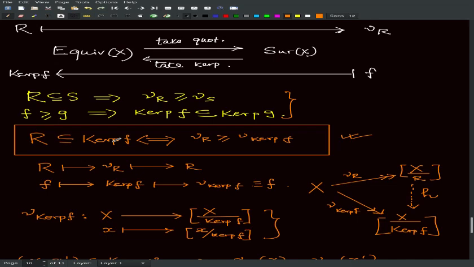As you saw, comparing injections gave us ways to look into things which have more and more elements, and comparing surjections gives rise to the idea of equivalence relations. So surjections are the same as equivalence relations.